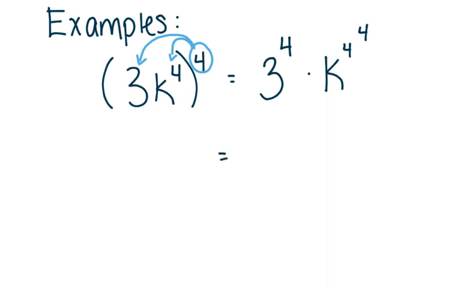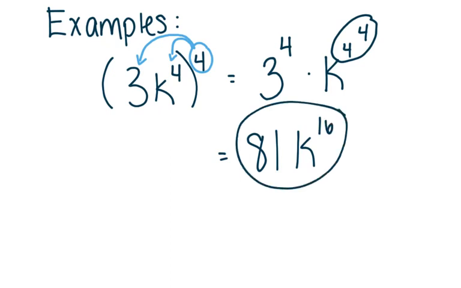The first thing we're going to do is figure out what 3 to the 4th power is. It's 81, and then because we have a power to a power, that is when we multiply. 4 times 4 is 16. So this answer is going to be 81k to the 16th power.